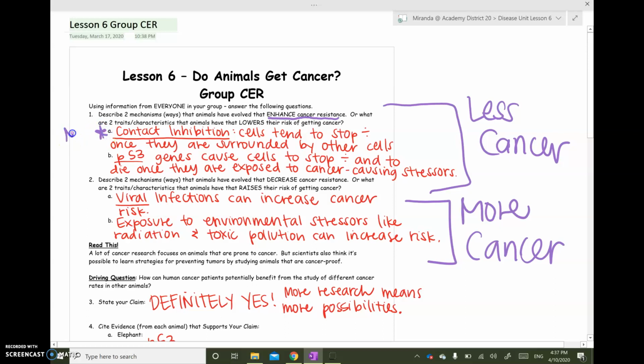That was the naked mole rat. And we had the P53 gene. This was elephant. And for more cancer, we had viral infections, like the sea lions, and exposure to stressors, which are Tasmanian devils. And Tasmanian devils also had some sort of weird genetic issue too. So they're kind of in both.